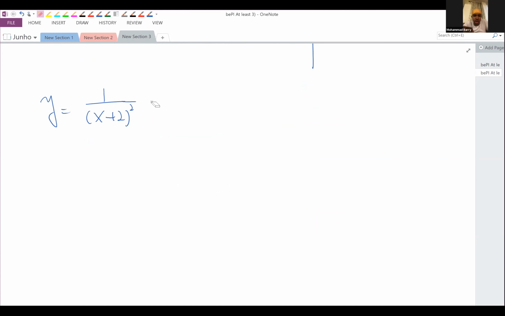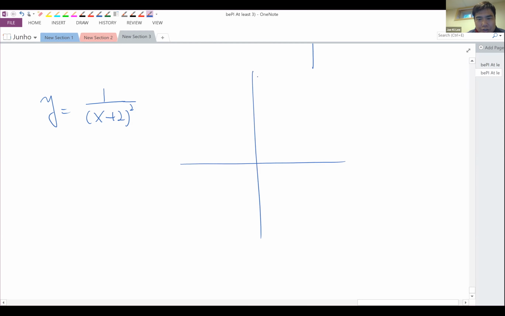And since it's minus 2, it doesn't go past -2. As Mohammed just mentioned, the original shape is like this. But now moving 2 units left, it becomes our new vertical asymptote, and the graph becomes like this.